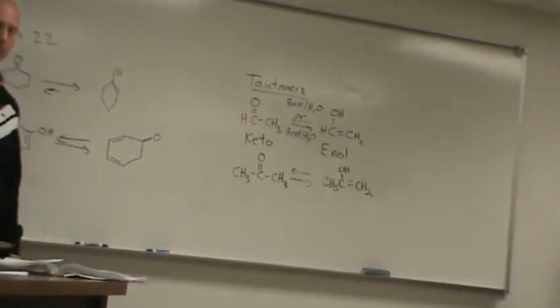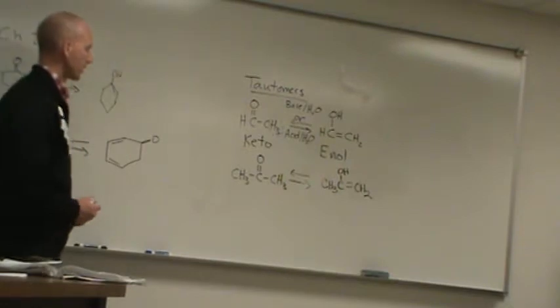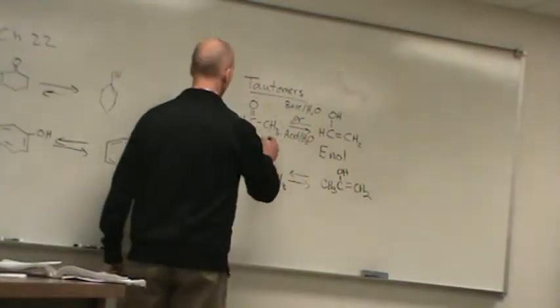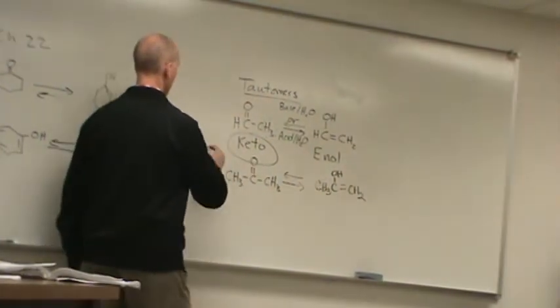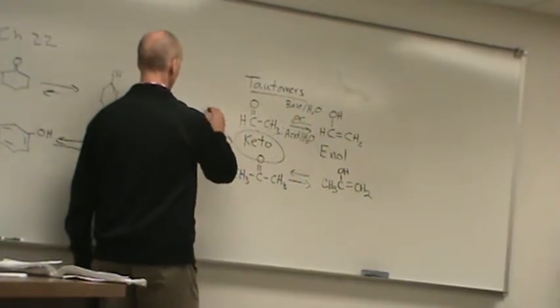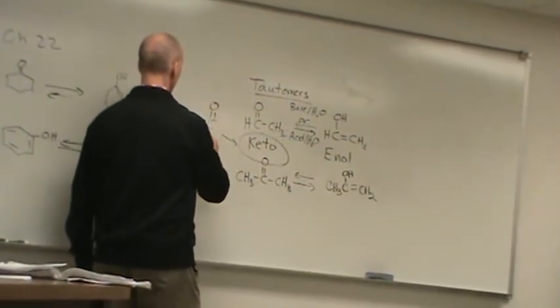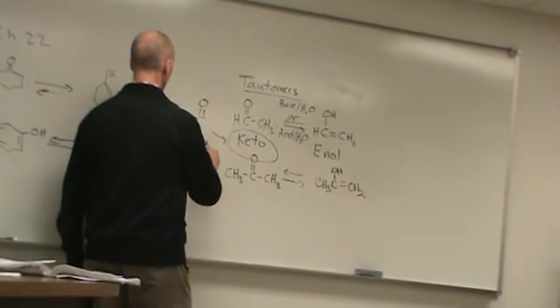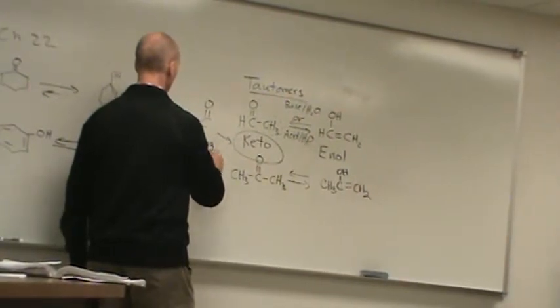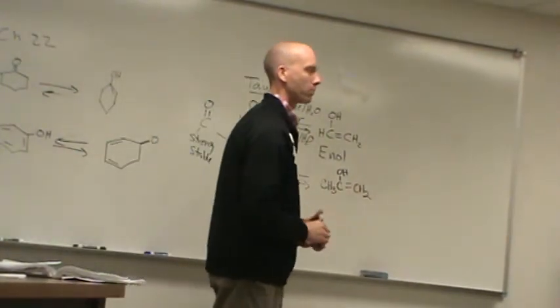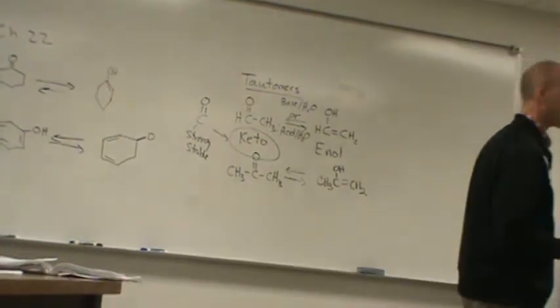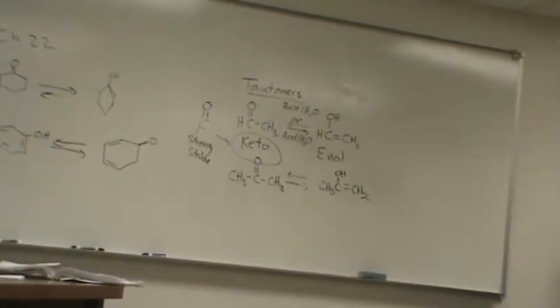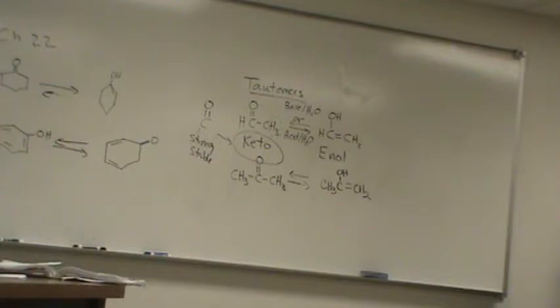The answer is the ketone. And it has to do with the carbonyl being a strong and stable bond. If molecules can form a carbonyl, the molecule likes that. It gains stability.